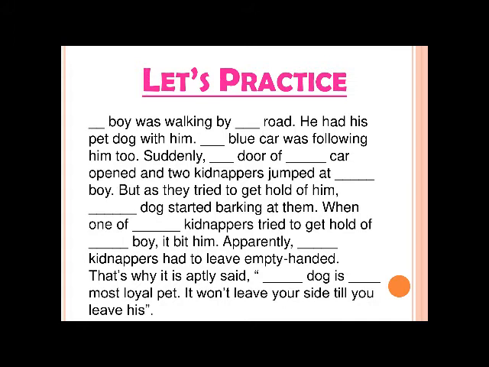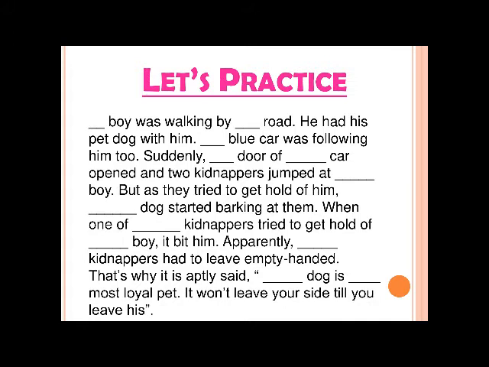Exactly. A boy was walking by a road. He had his pet dog with him. Dash blue car was following him too. Now here, blue car has been mentioned for the first time. So a blue car was following him too.